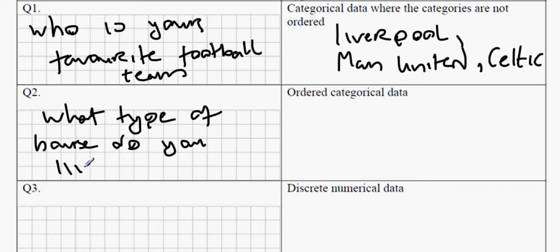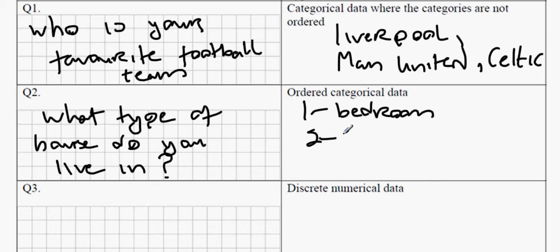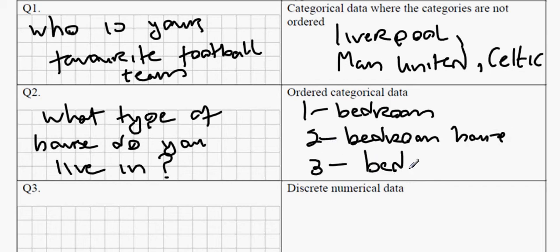And because it's a category, what we can say is that we live in a 1-bedroom house, a 2-bedroom house, a 3-bedroom house. So you can see there's an order here, but it's very much categories, okay? So that is an example of ordinal data.